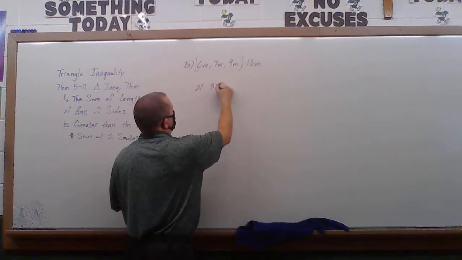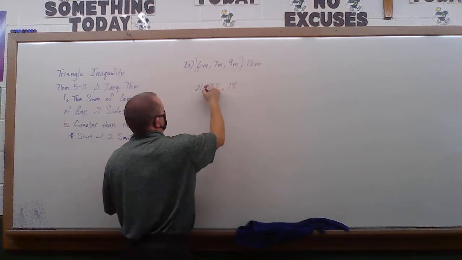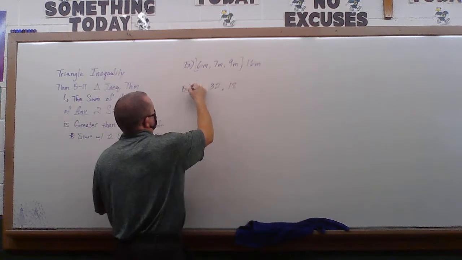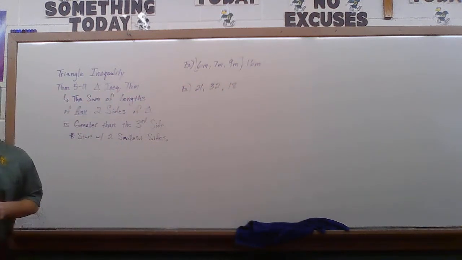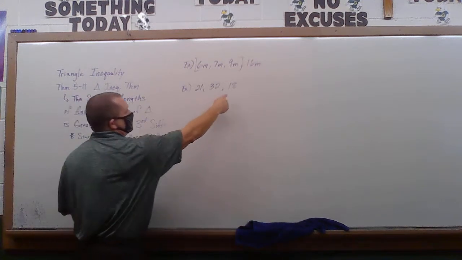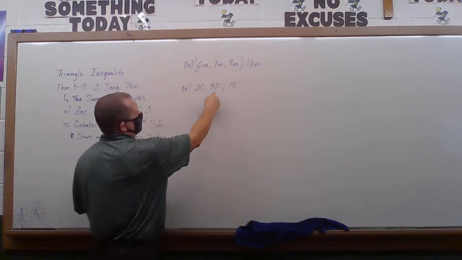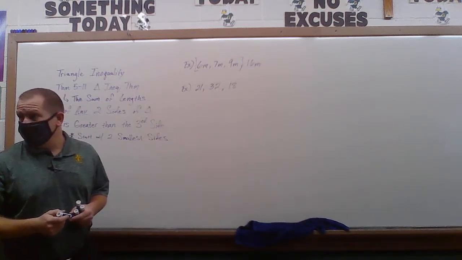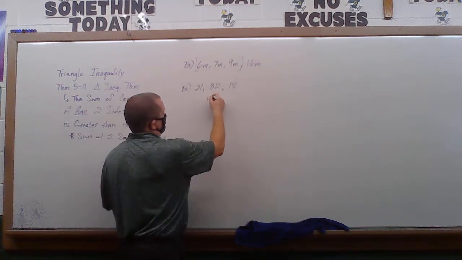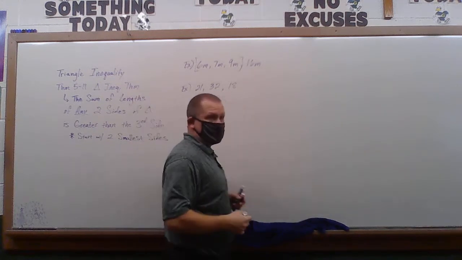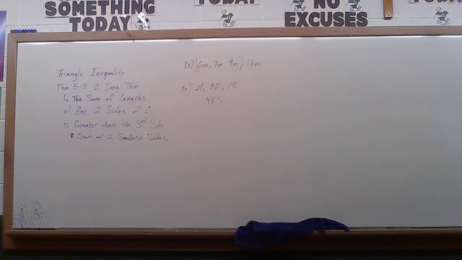Does any of those two sides added up make it bigger than the third? So again, I'm always going to take the two smallest sides and see if it's bigger than the third one. Is 21 plus 18 bigger than 32? Yes. So this is simply yes. They will make a triangle. So that section, you're just saying yes or no. Okay?